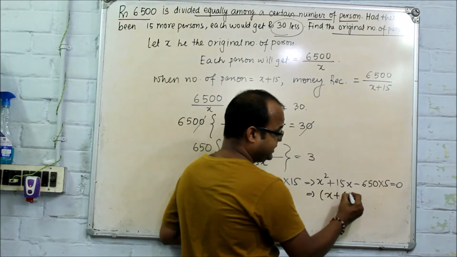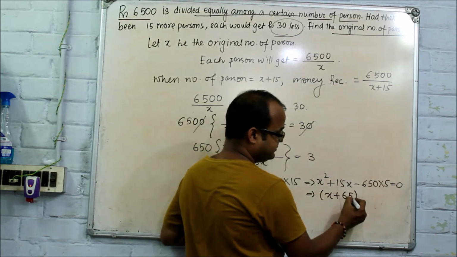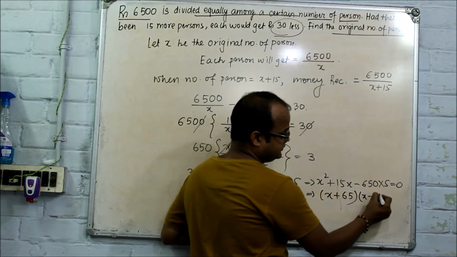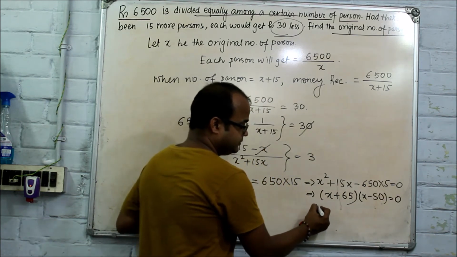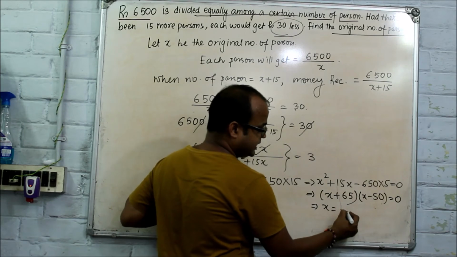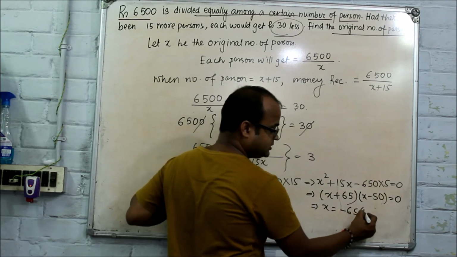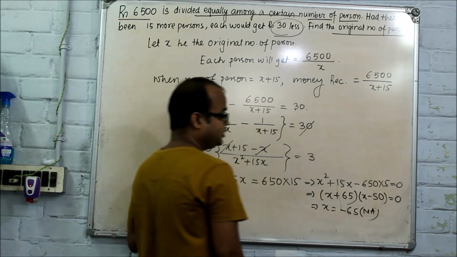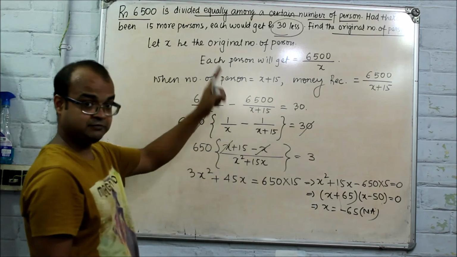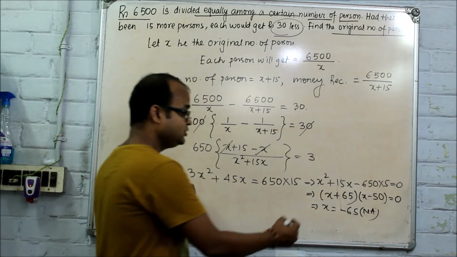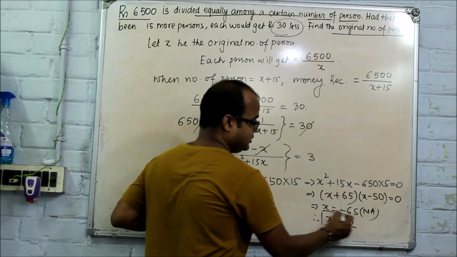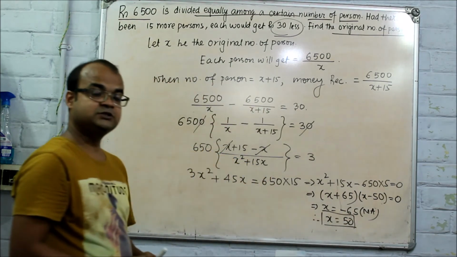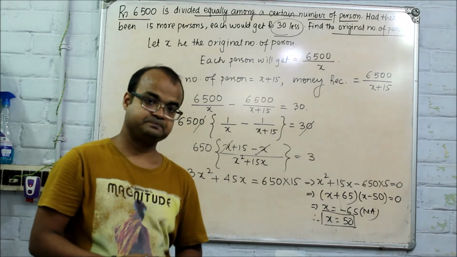So the factors will be x plus 65, x minus 50 is equal to 0. It implies x is equal to minus 50, which is not applicable because x is the number of persons and the number of persons should not be negative. So therefore x is equal to 50. The total number of persons is equal to 50.